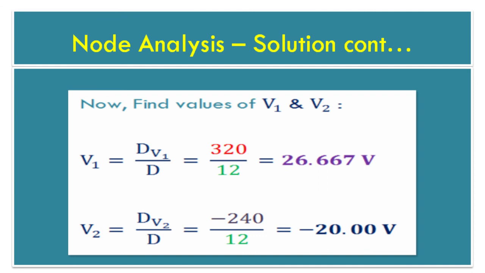We obtained node voltages using the determinant method as voltage V1 is equal to 26.667 volt and voltage V2 is equal to minus 20 volt.